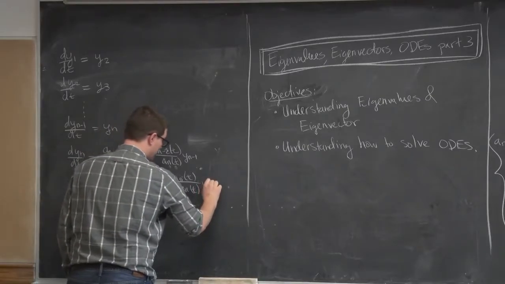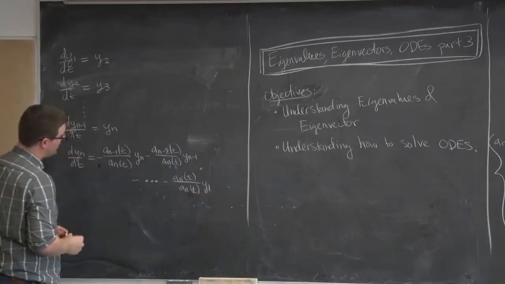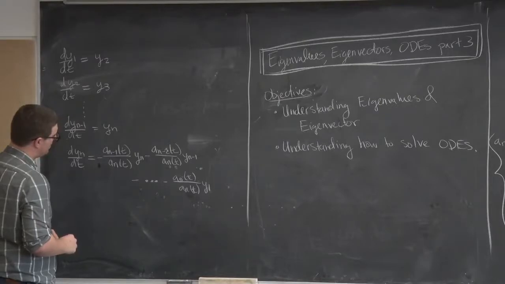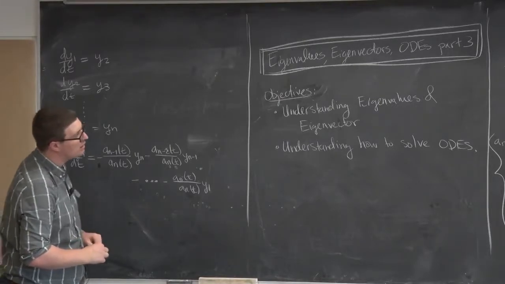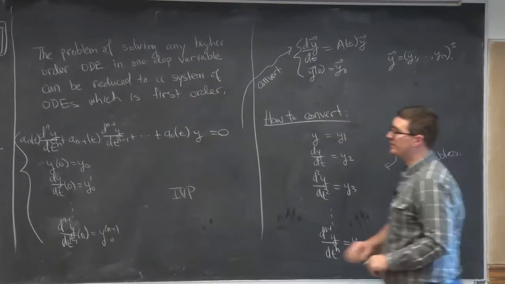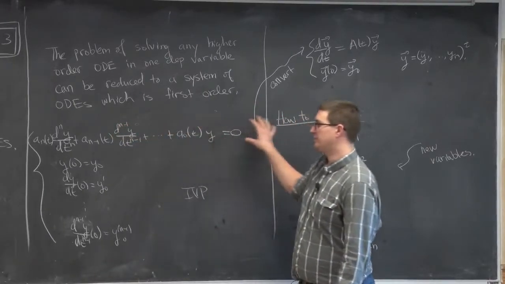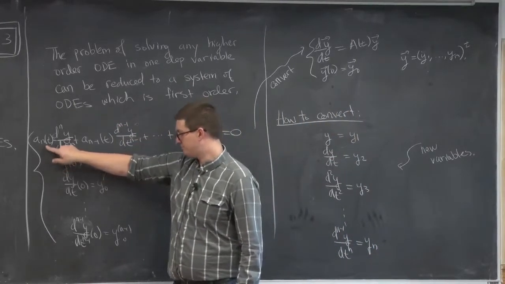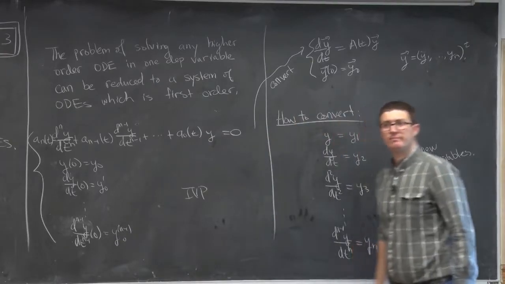All right, see? Yes, because y1 is just y, right? So what I did is I just took everything here to the other side, and I divided by this term.